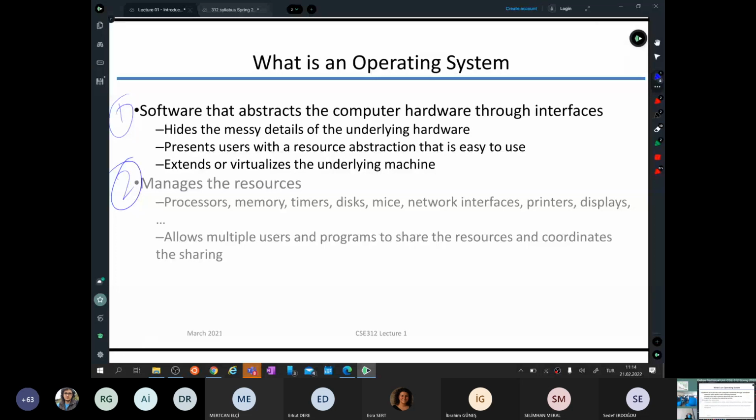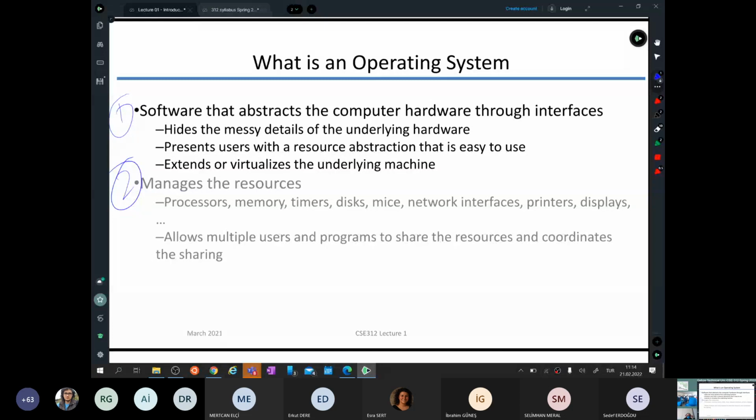Do you know how the screens work? This screen, do you know how this screen works? You have heard about pixels, right? How many pixels do I have on the screen? Do you know? Usually, how do I get that?